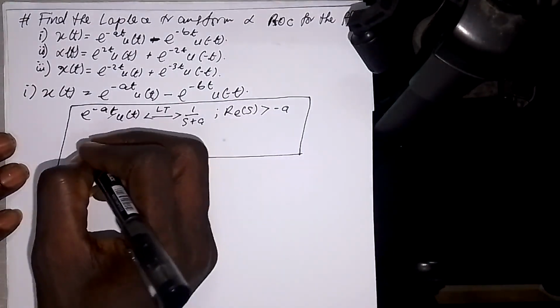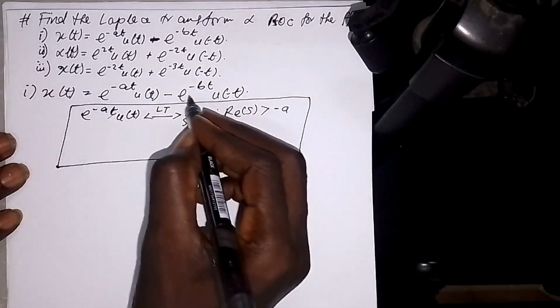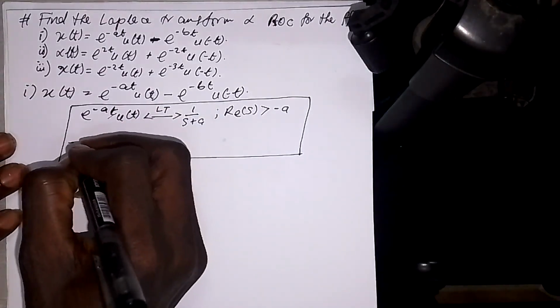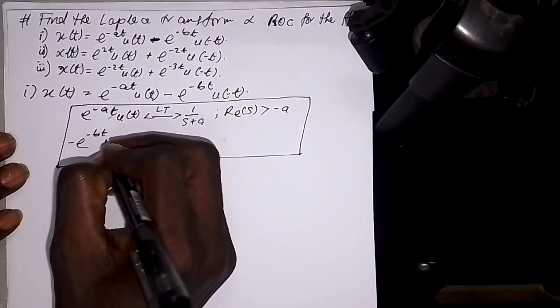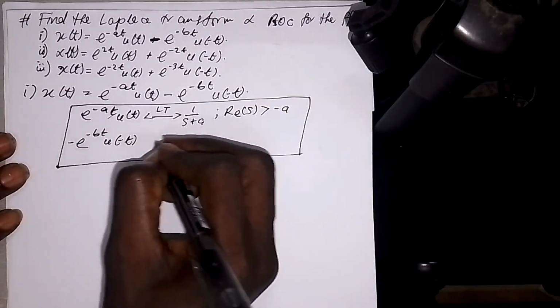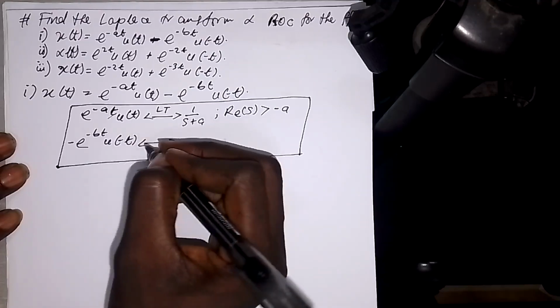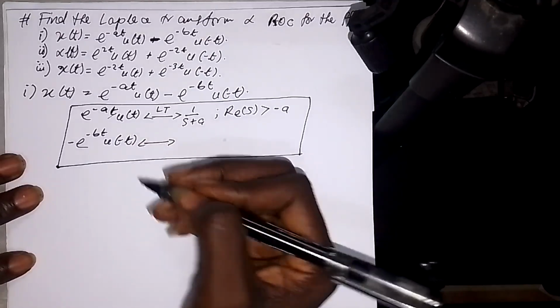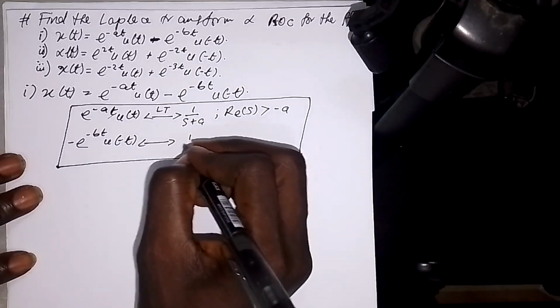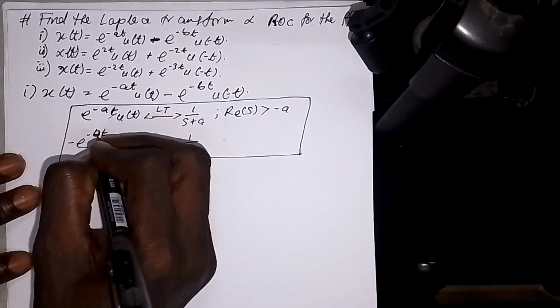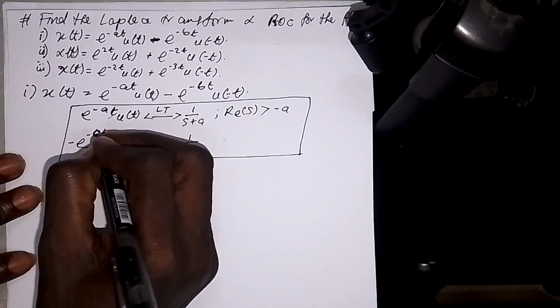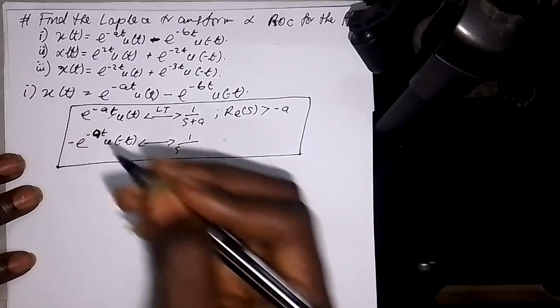Then we also found the Laplace transform for this one, minus e to the minus bt times u of minus t. We got 1 over s plus, let me make it a, because at that place it was a.